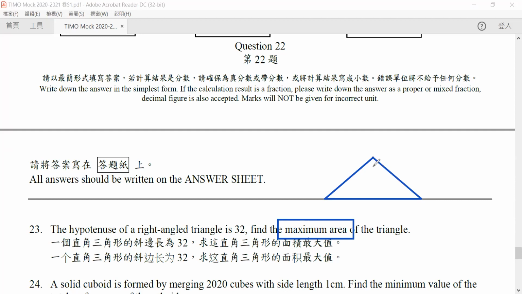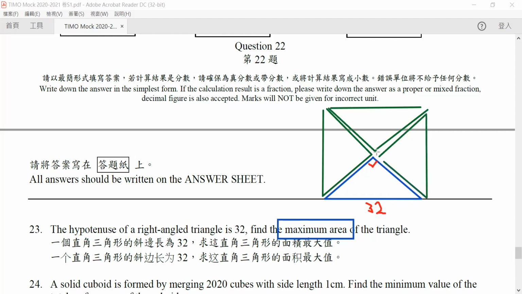So how can we calculate a right angle isosceles triangle? By just using the hypotenuse. Simple. Because we can use three more of it to combine and form a square. This is a square because the middle part, they all are right angles, so it can form a point.